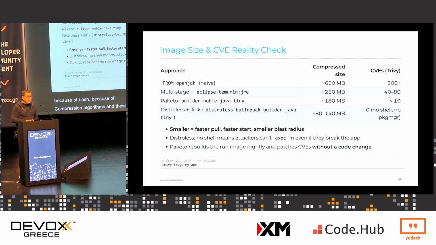And you could even go a step further. If you use with Paketo a distroless builder, where I don't have a shell, I don't have a package manager, I only have the C libraries needed and the Java version installed, I can go down to 0 CVEs. So this is something awesome to know.